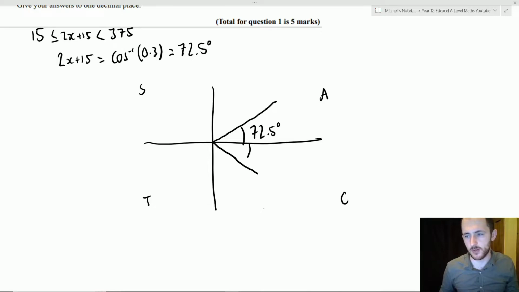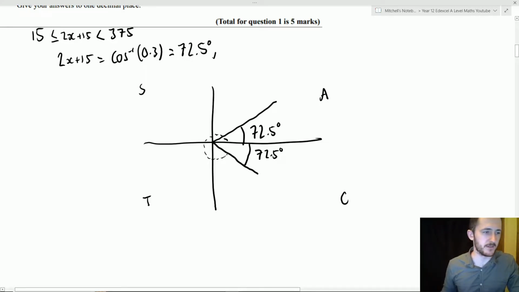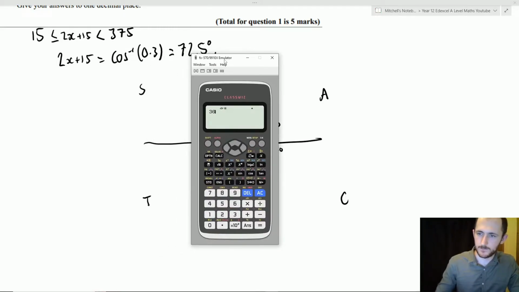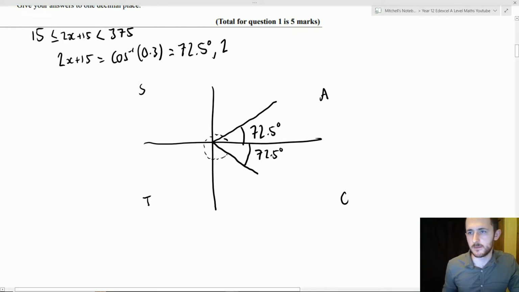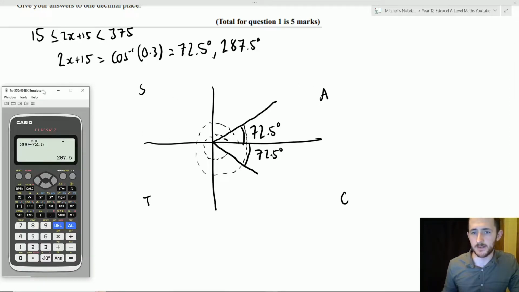And again, always draw your angle from the x-axis. So we're looking for this value that's all the way around the back, which is going to be 360 minus 72.5, which gives us 287.5 degrees. Now if I go around again and look at this angle, I can see straight away that I'm going to get a number that's outside my range.